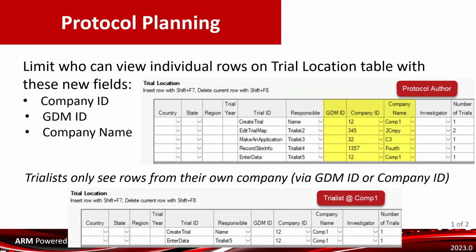ARM hides from them any row that doesn't connect up to their company ID or their GDM ID. So that's a nice way to still get to use this table, plan everything out, without giving out too much information that's really not necessary.